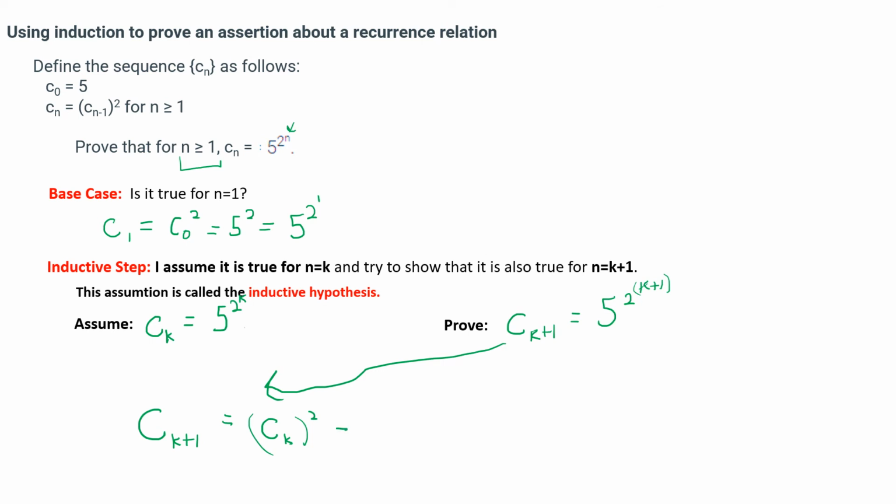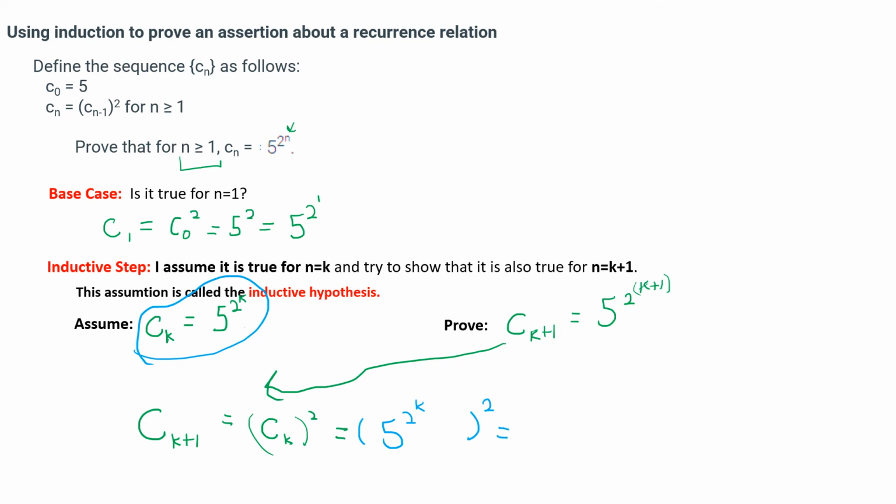Okay, but now we're going to use this assumption here, and so I'll replace C sub k inside the parentheses with 5 to the 2 to the k. But then I'm squaring it because I have this 2 here. So I'm taking 5 to the 2 to the k, and I'm squaring it.